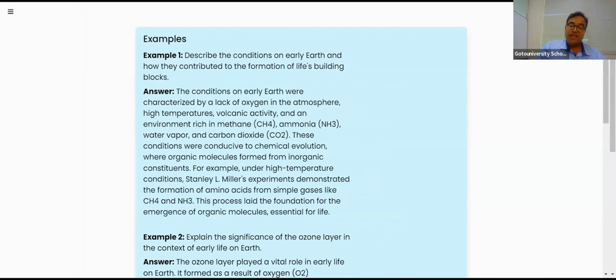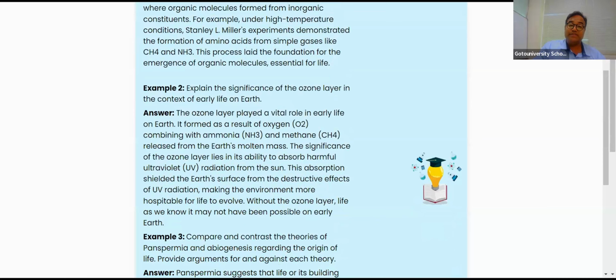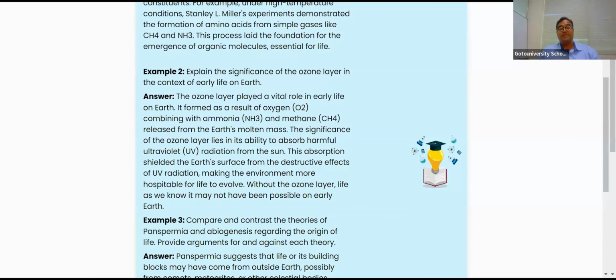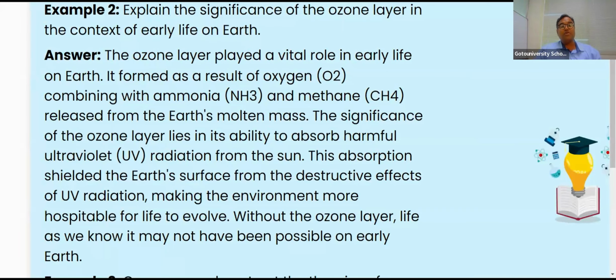Explain the significance of the ozone layer in the context of early life forms. Can you see this place here? We all know very well the ozone is responsible for filtering the UV light. The same question they can ask in another way: where does the ozone exist? It is in the topmost layer of the stratosphere, which is not there here. Is the stratosphere there in the slide?